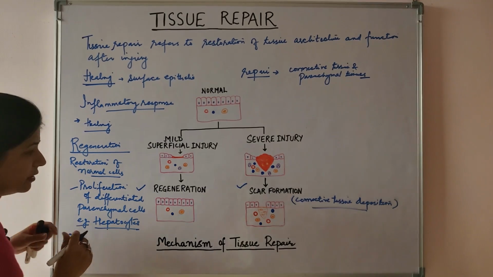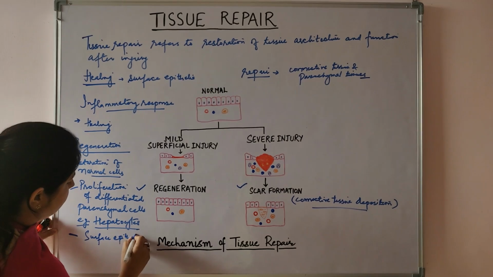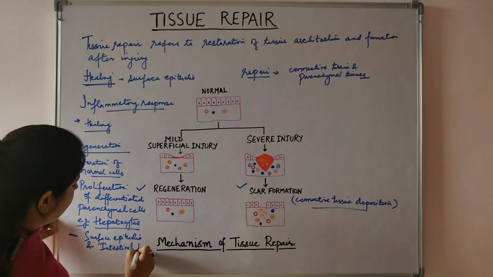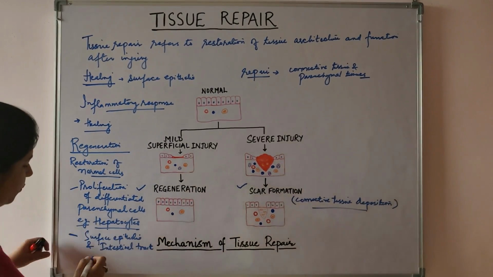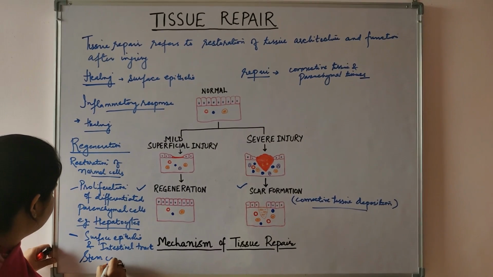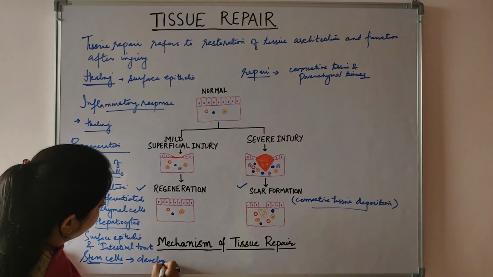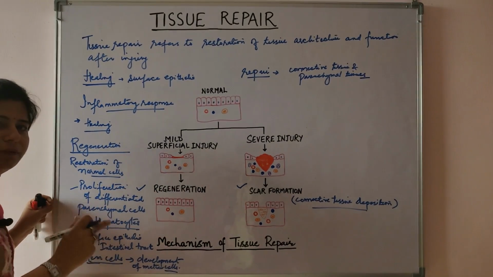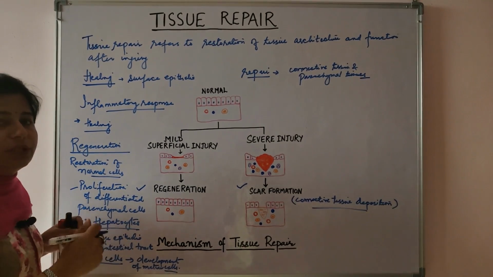And second, in some tissues like the surface epithelia and epithelium lining the intestinal tract, there are stem cells or progenitors that lead to development of mature cells. So regeneration can occur either by proliferation of the differentiated cells or through stem cells which develop into mature cells.